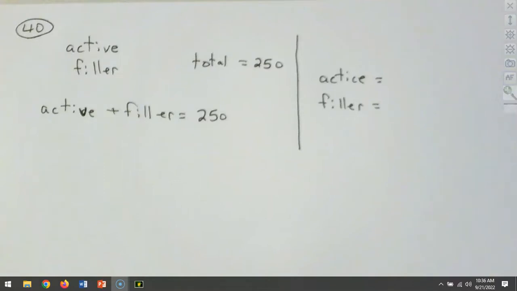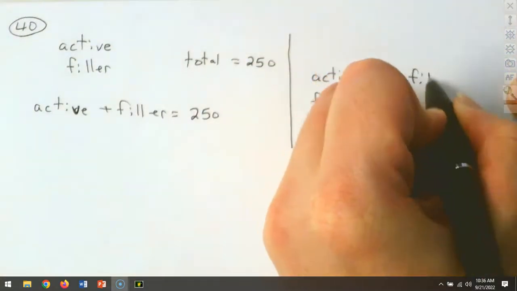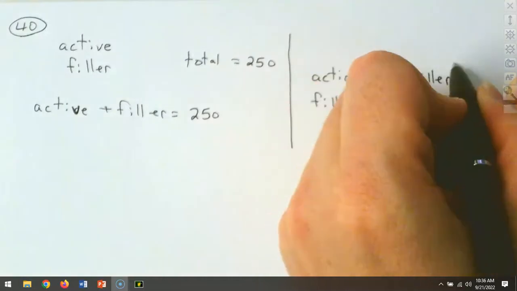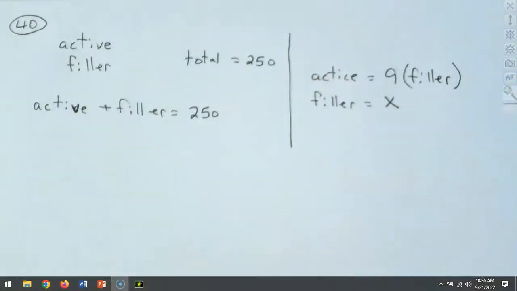So it's a 9-to-1 ratio. So there's 9 times as much active ingredients. The active ingredients would be 9 times the amount of the filler. And the filler, we don't know, that's x, because it says it's a 9-to-1 ratio. That means it's 9 times as much.